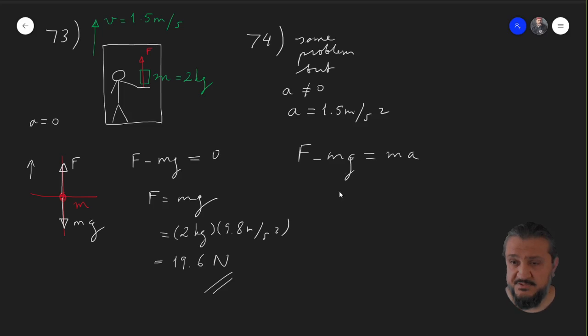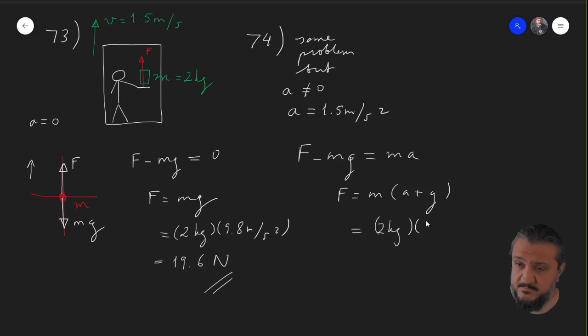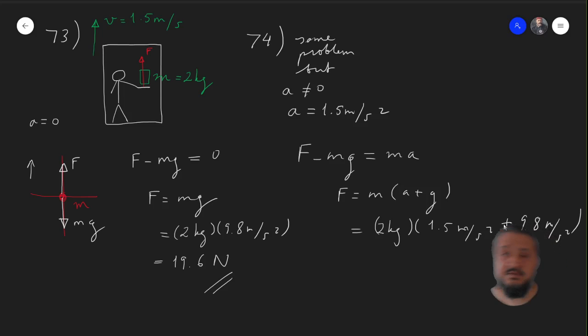So you solve for F, you get m times (a plus g), and then you plug in numbers and you're done. a is 1.5 and g is 9.8. So finish this and then you get your force.